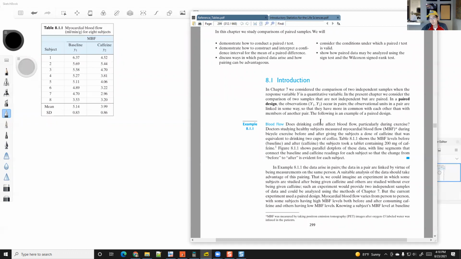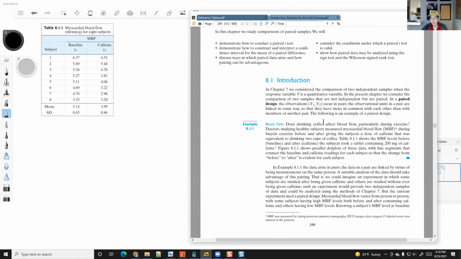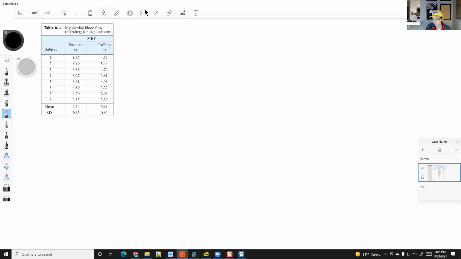And so the question is, does drinking coffee affect the myocardial blood flow, right? Or we'll say, does caffeine affect MBF measurements? Okay, and so this word affect is non-directional. It doesn't say, does caffeine increase or decrease or anything like that.